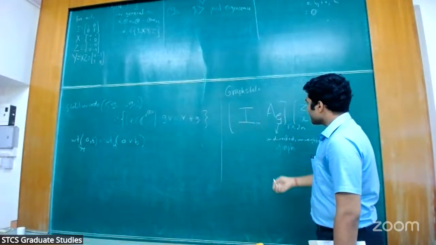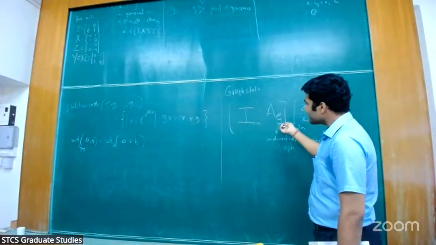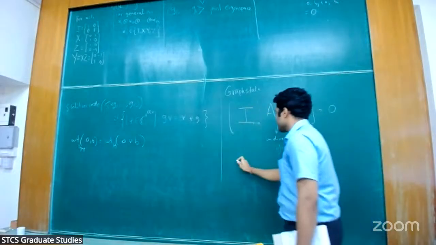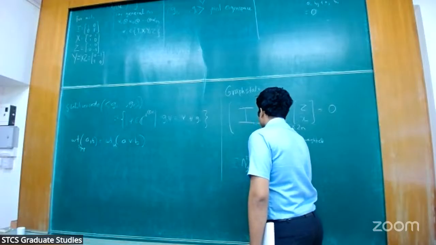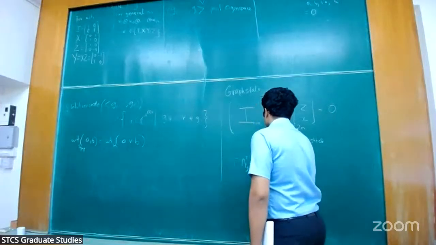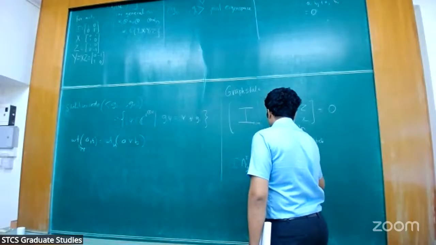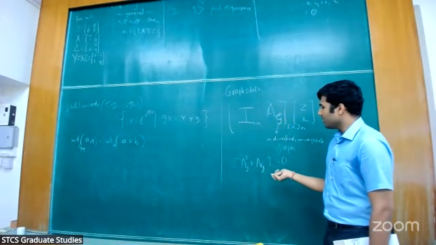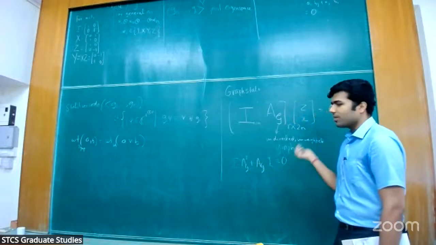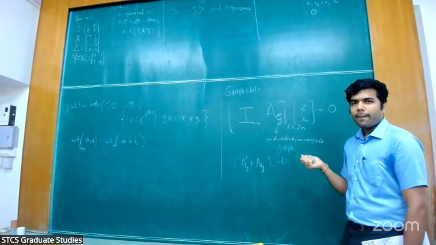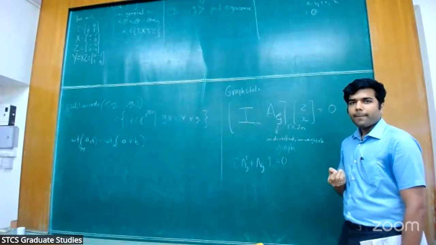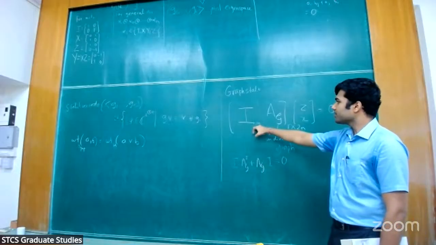One can check that this does satisfy the stabilizer condition, which is I times AG transpose plus AG times I equals 0, owing to the fact that the adjacency matrix is symmetric and we are working over F. So in this case, R is equal to N.